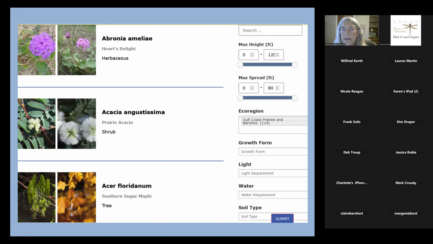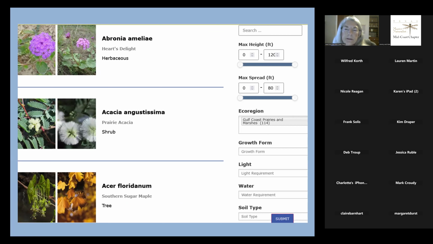Or what I did here, I typed in Gulf Coast prairies and marshes, which is our ecoregion. At the time when I made this slide, there were 114, but the site was very new at that time. I looked at it today and they now have 440 native plants just for our Gulf Coast prairies and marshes ecoregion.